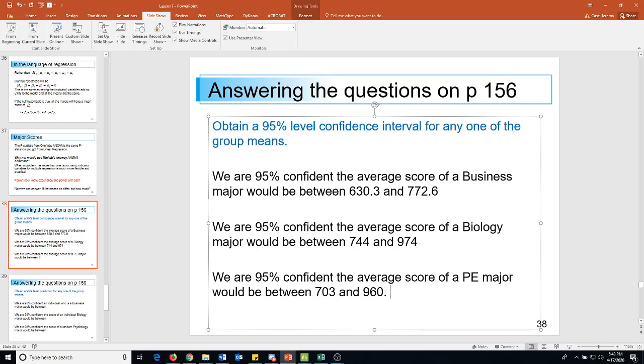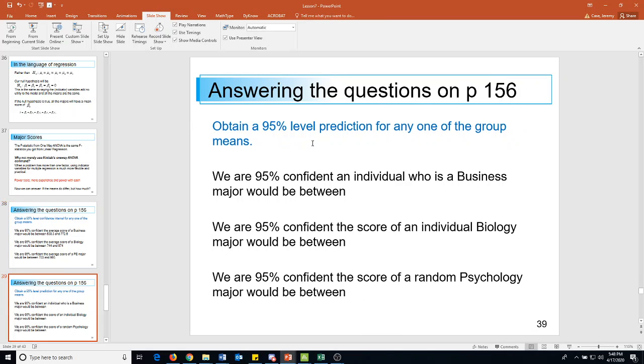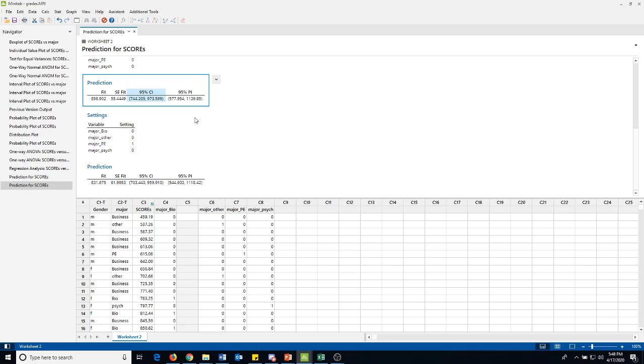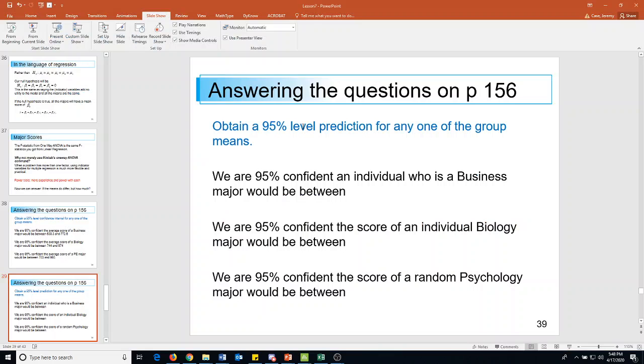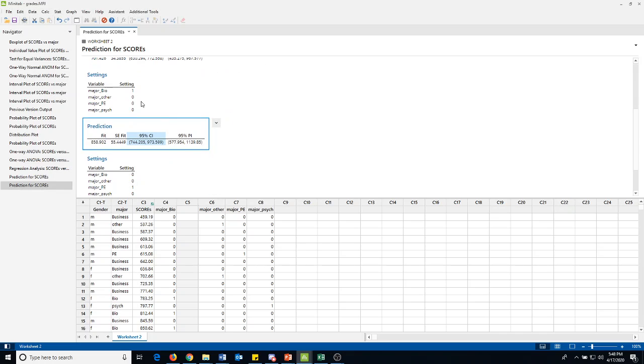Okay. Now let's go to the prediction interval for any of the groups. So this means for an individual who has a business major, it would be between 435 and 968. The individual biology major, the prediction interval is between 578 and 1140.